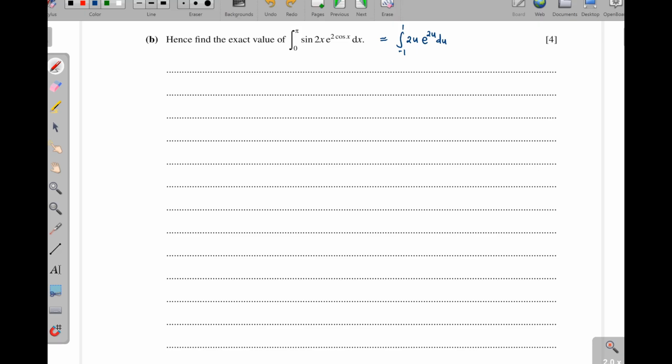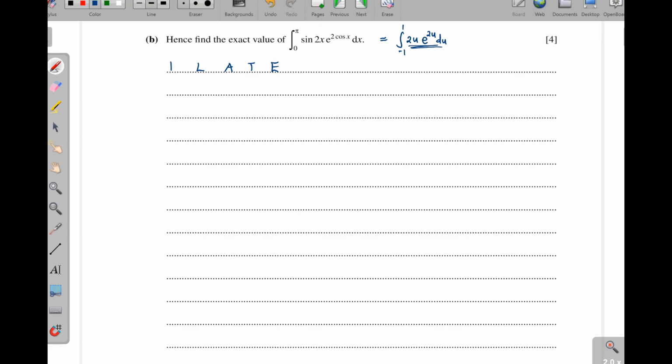How do we know which one to differentiate and which one to integrate? You use this acronym, ILATE. I here is for inverse trigonometric functions, logarithmic functions for L, A is for algebraic functions, T is for trigonometric functions, E is for exponential functions.